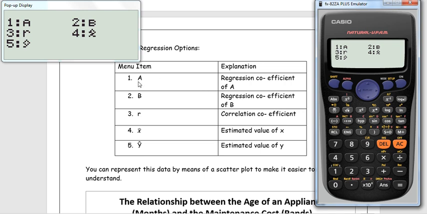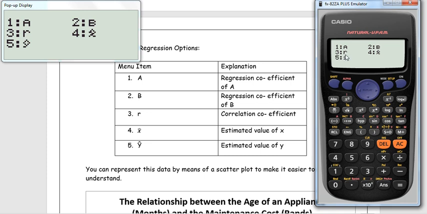Option number 1 is our A. A means our regression coefficient of A. So if we need to find our y-intercept, or our value of A, which we're going to need for our line of best fit, we are going to select option number 1. Option number 2 is B. What is B? B is my regression coefficient of B, or in simpler terms, what is my B value?